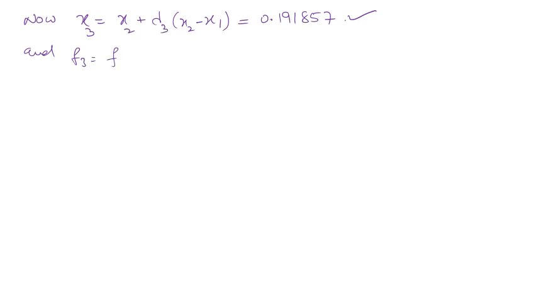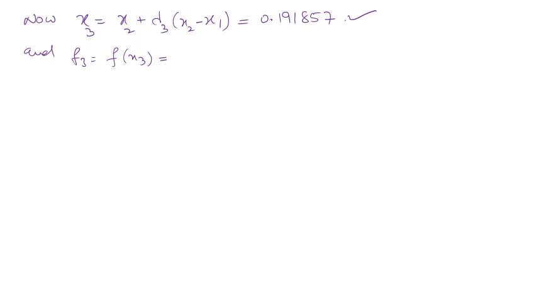Now what is the next approximate root? x3 equal to x2 plus lambda 3 into x2 minus x1. So substituting all the values, you will get 0.191857. Okay, this is the next approximate root. And what is f3? We require it at the next iteration, so calculate here itself.